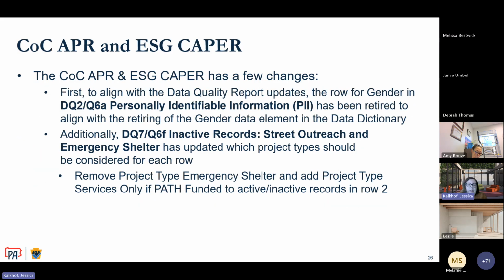And the CoC APR and ESG CAPER, so those funding sources: the APR is used for your CoC funded projects, the CAPER is used for your ESG funded projects, but either can just be used for general data quality as well, no matter what your funding source is, although I encourage PATH providers to use the PATH annual report for their data quality items.